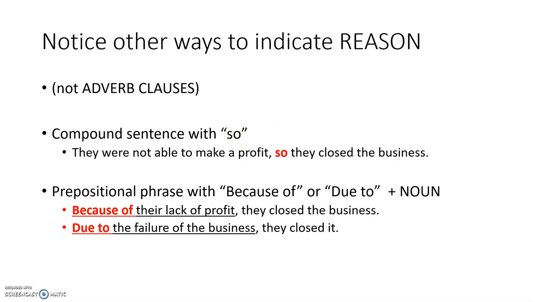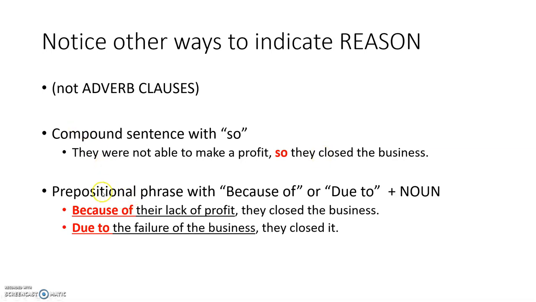So that same idea we had on a previous slide, we can express with a compound sentence. They were not able to make a profit, so they closed the business. This structure is different because it has two independent clauses. We can consider that both clauses are equally important. The information is balanced.